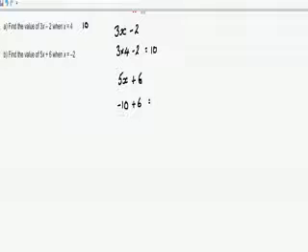So we think bank account. I'm overdrawn by £10, but I add £6 to my account. So I'm now only £4 overdrawn. So this is minus 4.